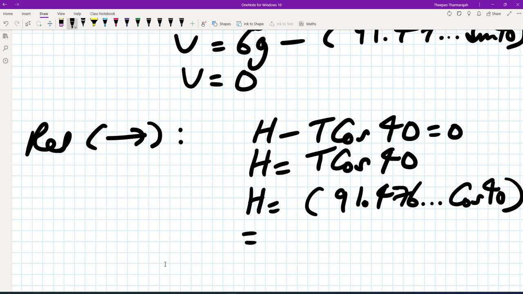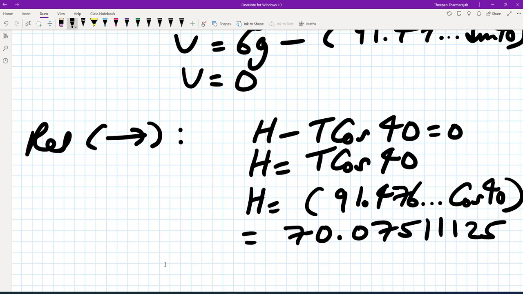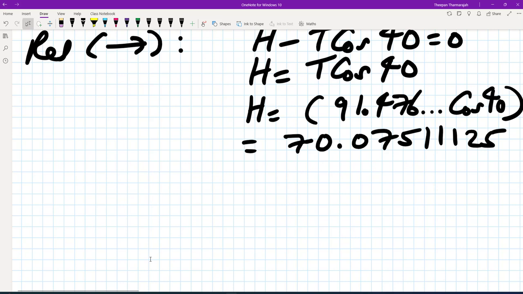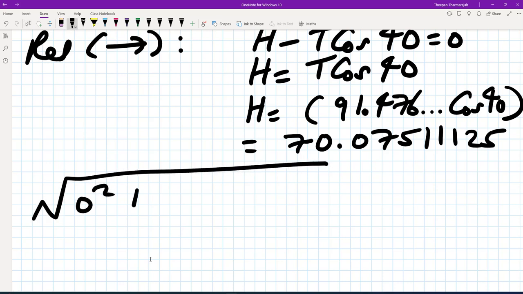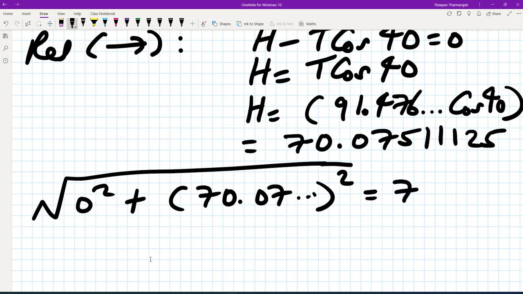Right, the true value out is 70.0751125. So the magnitude of the force is simply 0 squared plus 70.07 and so on, all squared. So we get 70.1 newtons, correct to 3 significant figures.